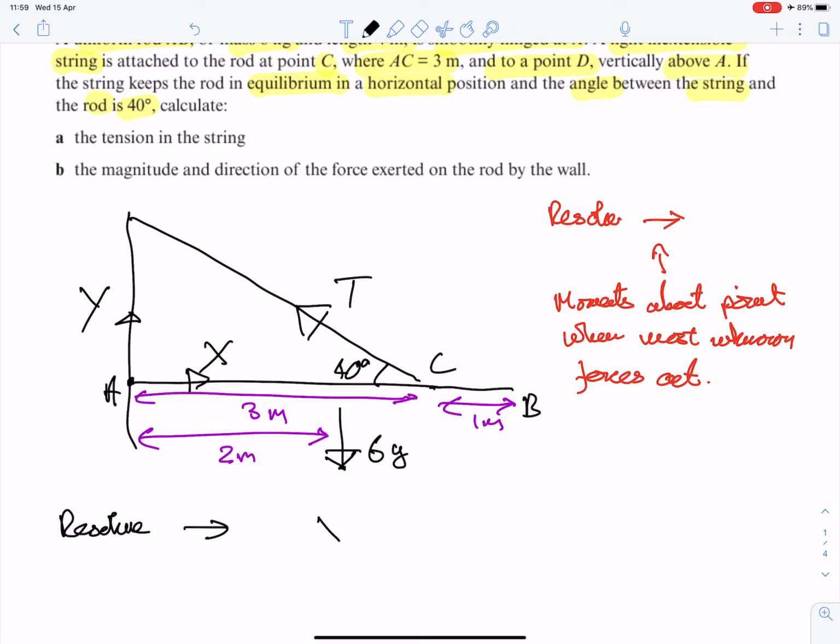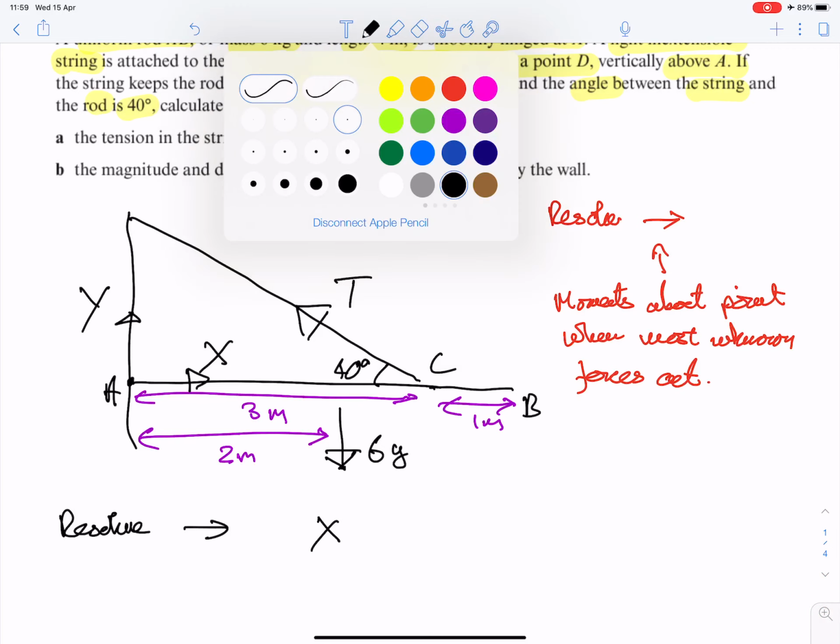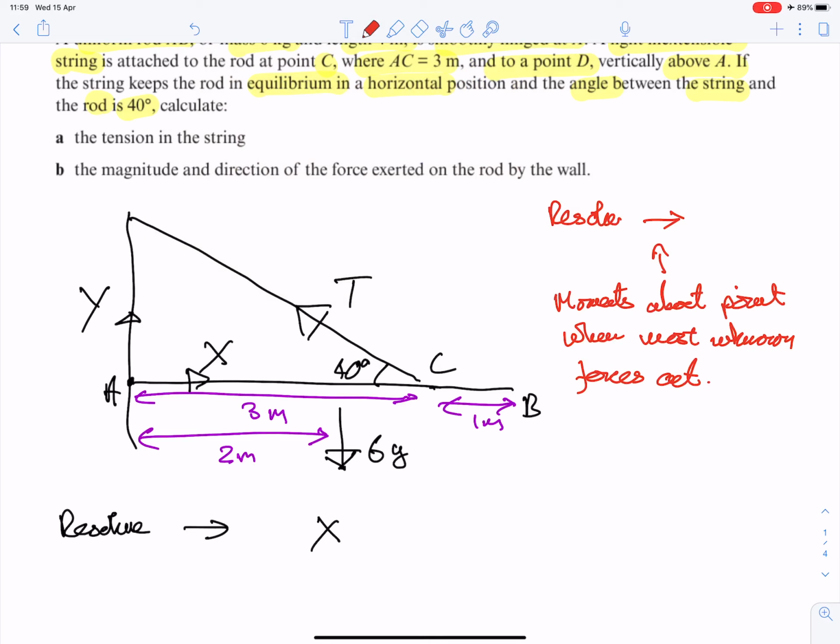But we're not looking for a distance here, we're looking for the tension and the magnitude and direction of the force exerted on the rod by the wall. They're the two things we're asked to find. It doesn't matter which order we do these three things in, we're likely to have to do all three.